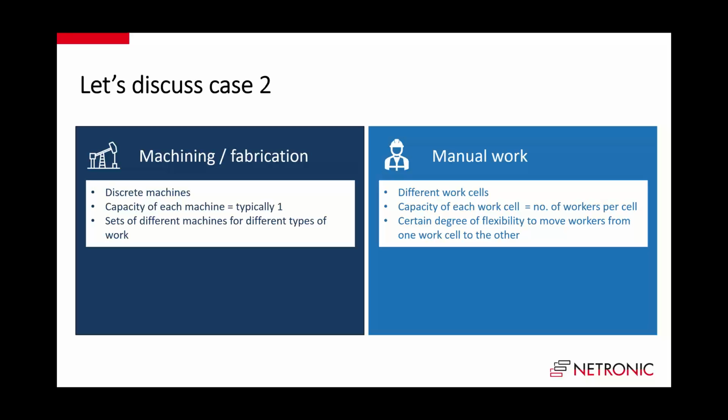Typically what people do is they define the capacity of the work set. They say, okay, in welding we have 8 welders, so they know that to this welding work cell they can assign 8 production order routing lines at a time.